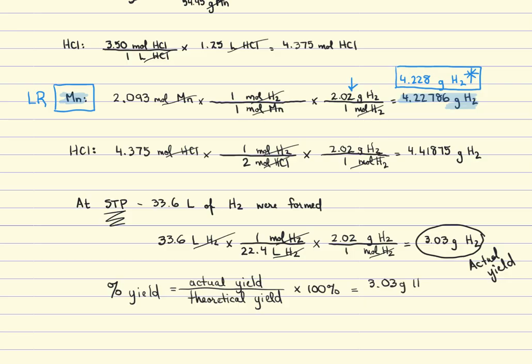Okay, so we actually formed 3.03 grams of hydrogen, and theoretically we could get 4.228 grams of hydrogen, and then multiply by 100%. And your percent yield, using the correct sig figs, is 71.7%.